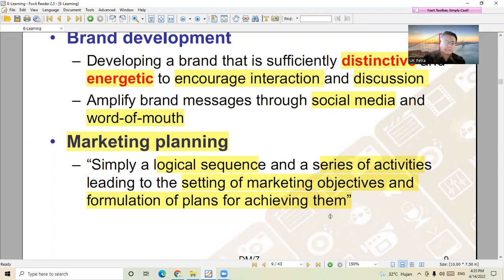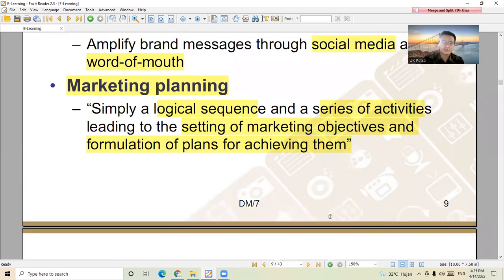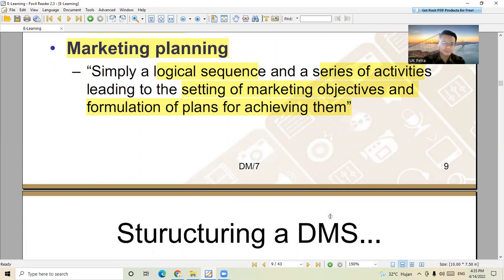So in other words, the planning is a detailed strategy, the detailed strategy of the digital marketing. And it consists of several activities, which are logical, and several plans, detailed plans to achieve our marketing objectives.